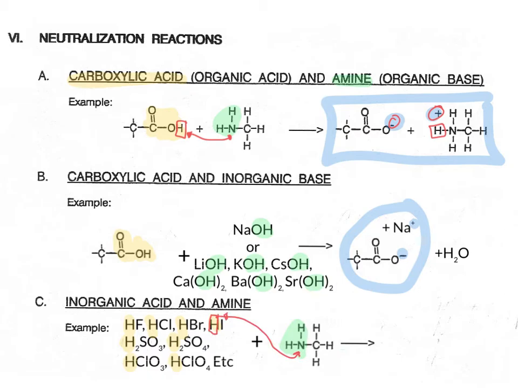So now we have CH3NH3+, and that leaves behind whatever the anion was that was being carried with the acid. In this case, that would be chloride. We get a salt.